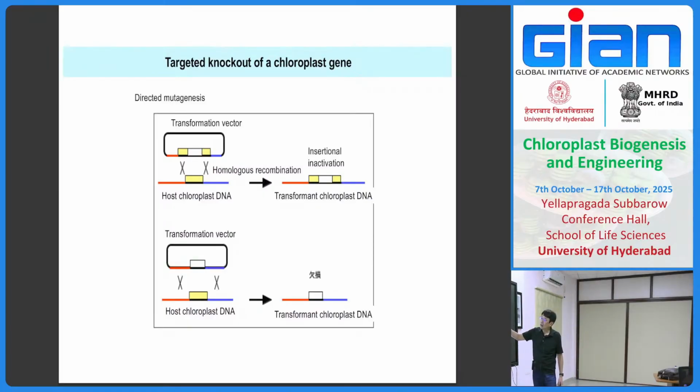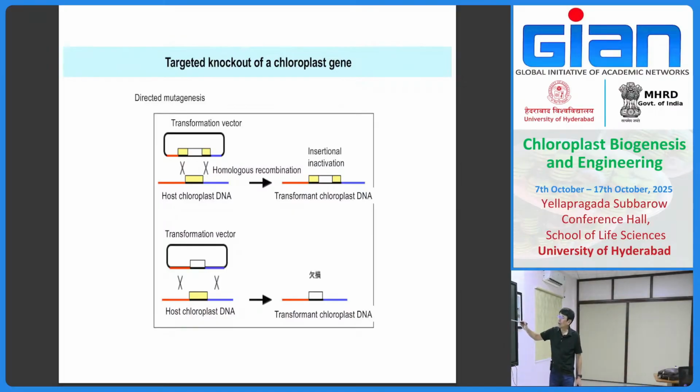This is the host chloroplast DNA, and this is a transforming vector cloned in a plasmid. We first clone the target DNA of interest, with upstream and downstream regions of about 0.5 kb or 1 kb.